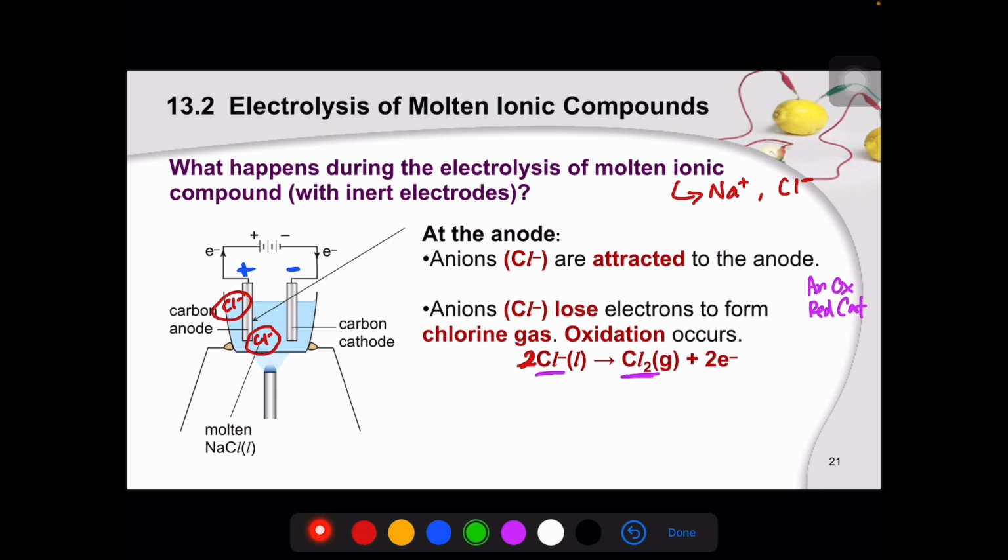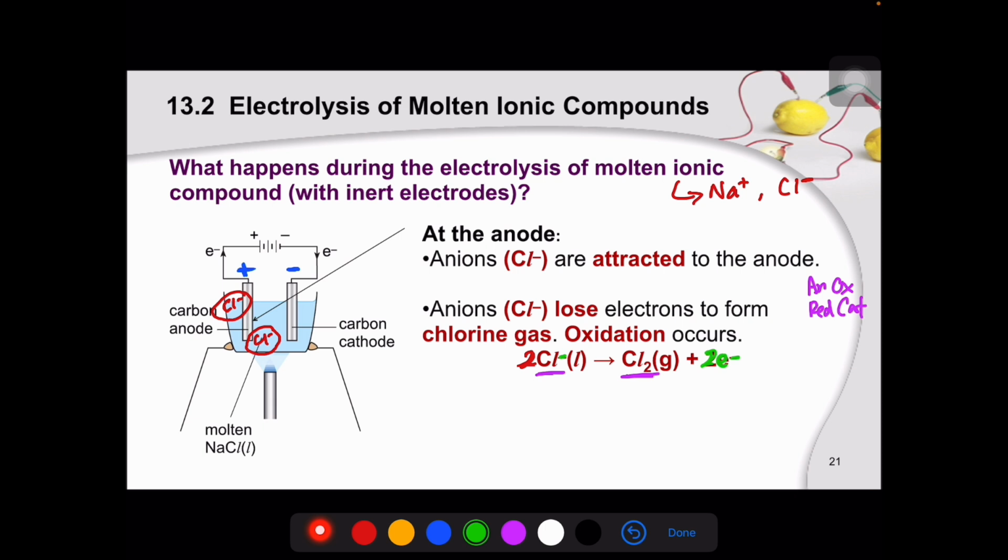Secondly, it's a bit interesting that they have these two electrons on the right hand side. Remember, over here is about losing electrons. How do you go from chloride to chlorine by the loss of electrons? You need to lose two electrons, because each of the chloride has a negative charge. The two negative charges will come out, and when they come out, they become the two electrons that you see over here, and then you form your chlorine gas.